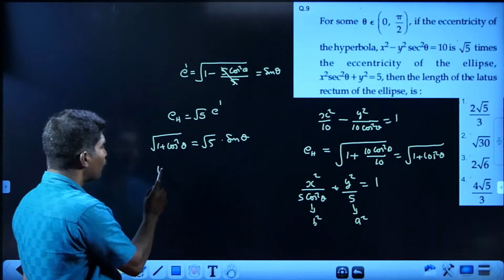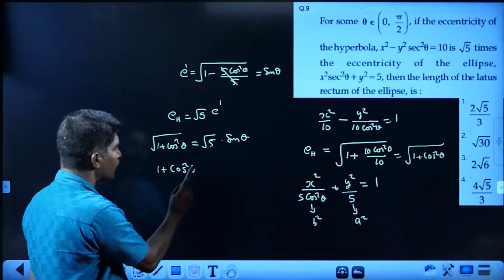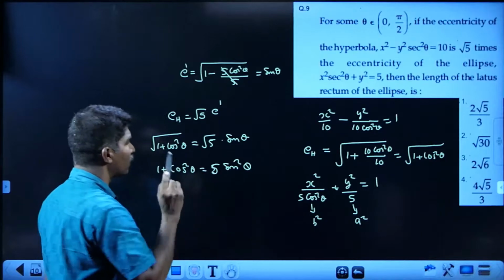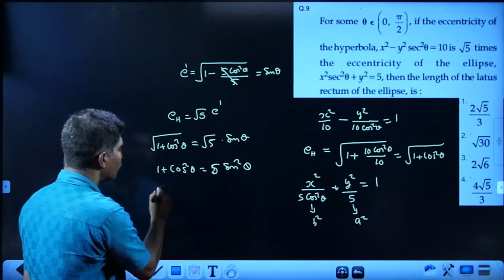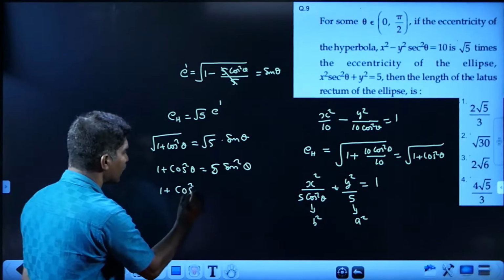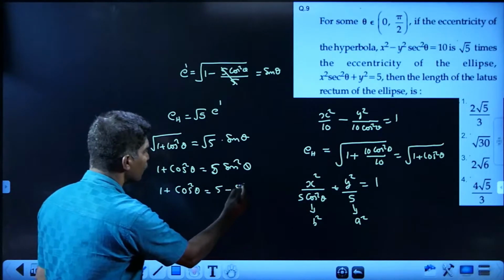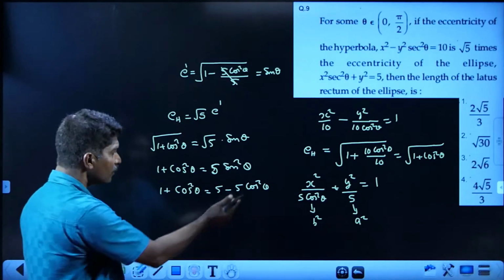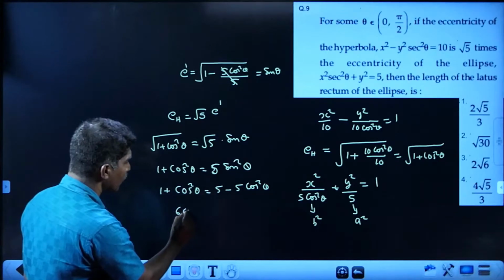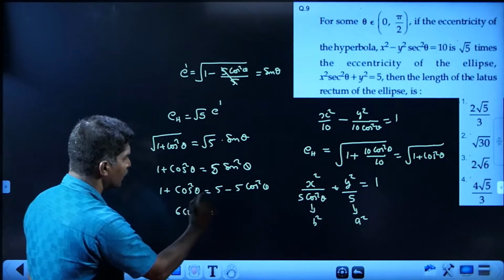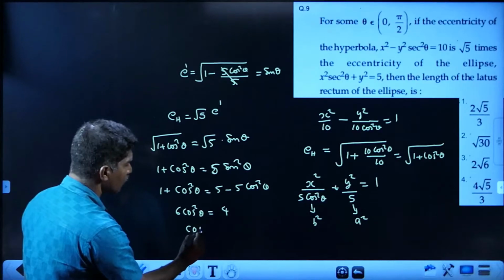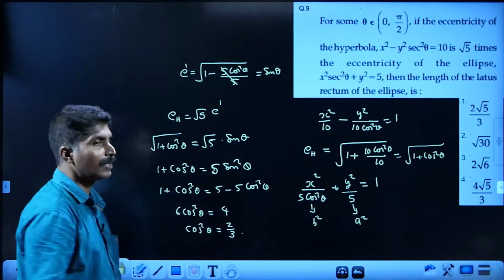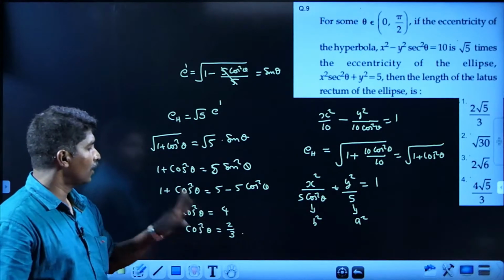Squaring on both sides, 1 plus cos square theta is equal to 5 into sin square theta, and you need cos square. So 1 plus cos square theta is equal to 5 minus 5 cos square theta, since sin square theta is 1 minus cos square theta. And you can see that 6 cos square theta is equal to 4. Therefore, cos square theta is equal to 4 by 6, that is equal to 2 by 3. The value of cos square theta you are getting is 2 by 3.